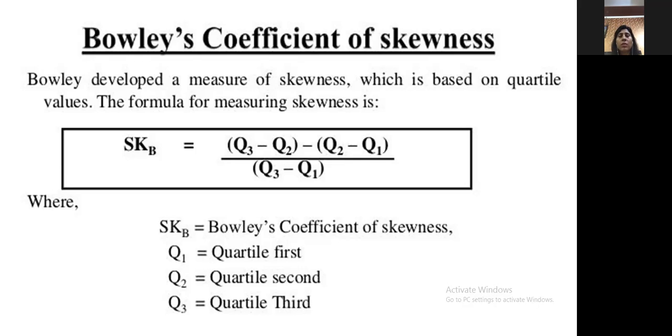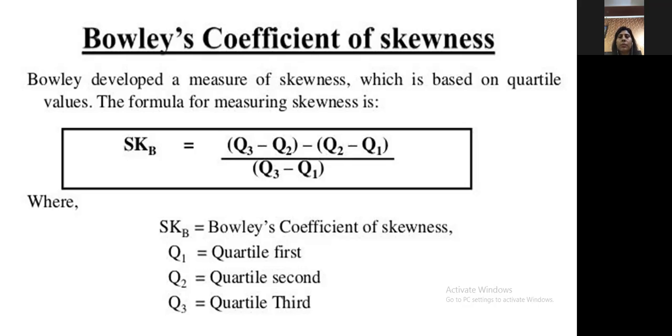SKB here represents Bowley's coefficient of skewness, Q1 represents the first quartile, Q2 represents the second quartile, and Q3 represents the third quartile.